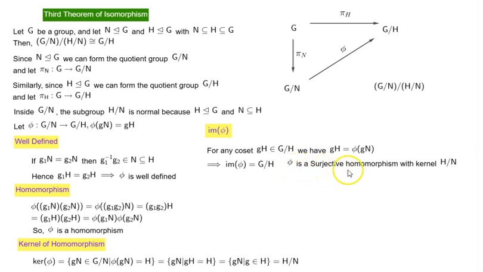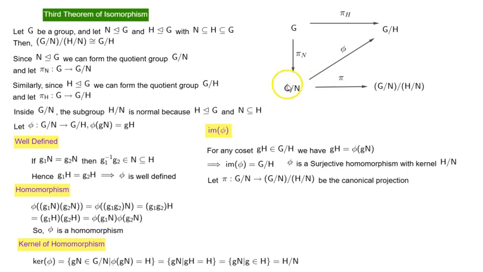So phi is a surjective homomorphism with kernel H/N. Now let pi be the canonical projection homomorphism from G/N to the quotient group of quotients, that is (G/N)/(H/N). So now we started off with all this, but now we can just focus on this part.